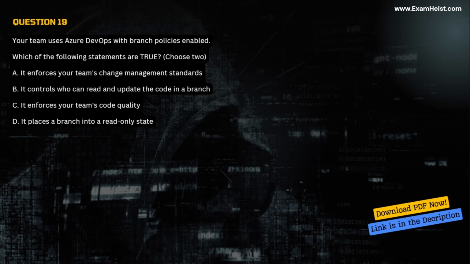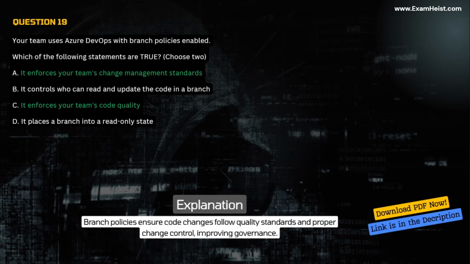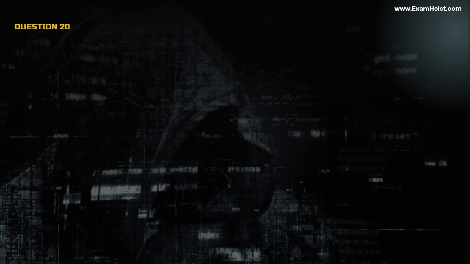D. It places a branch into a read-only state. Correct answer A and C. It enforces your team's change management standards. It enforces your team's code quality. Explanation. Branch policies ensure code changes follow quality standards and proper change control, improving governance. Question 20.